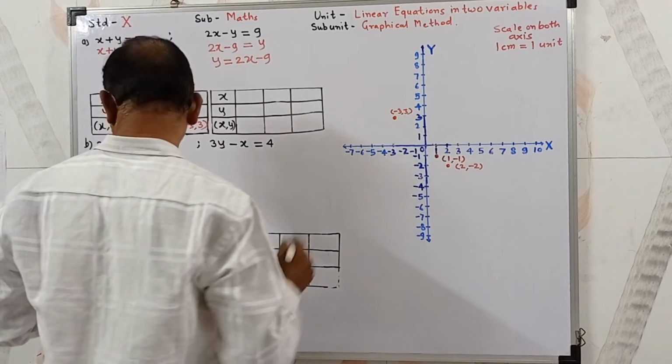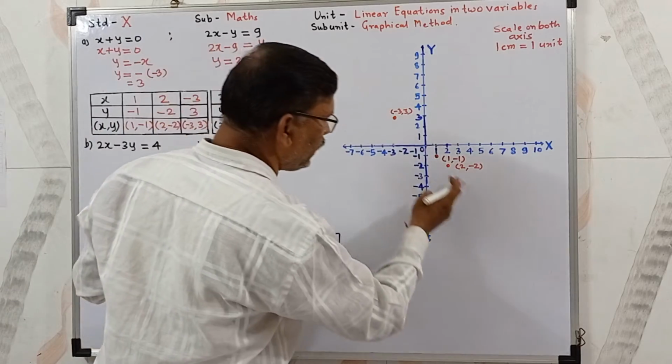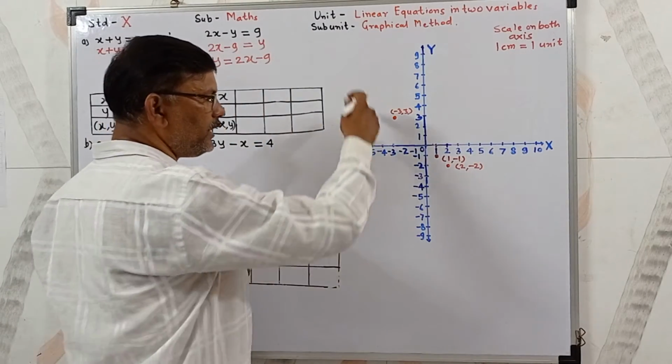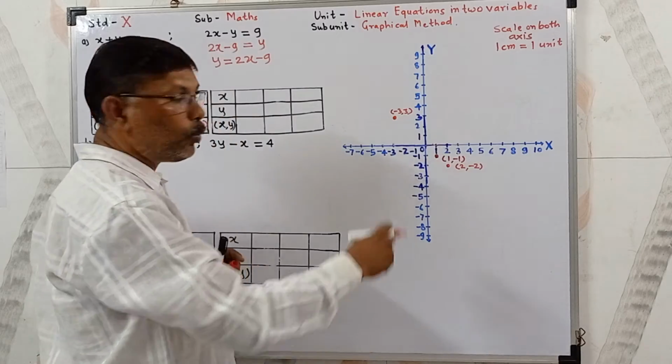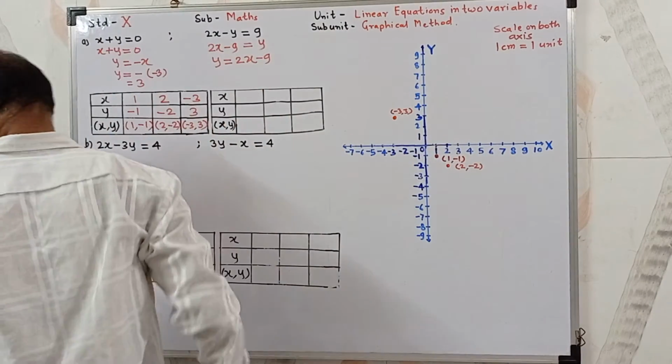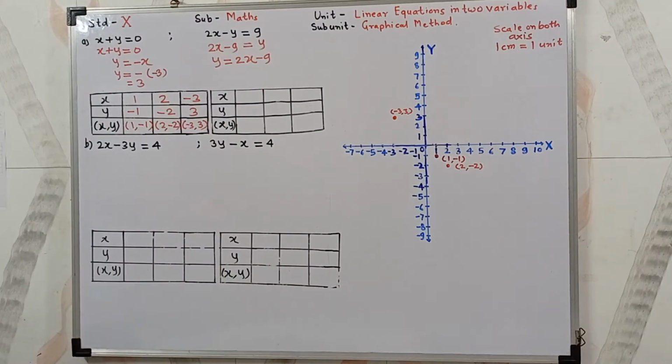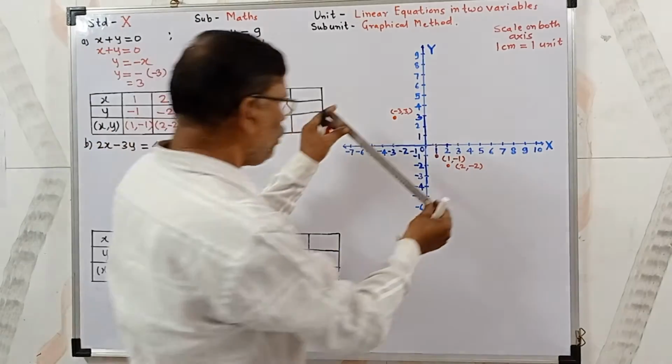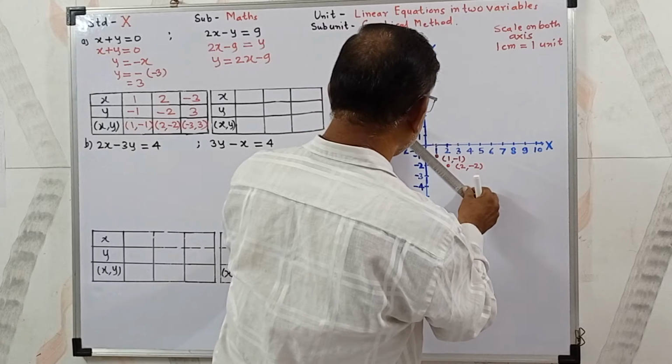Understood? Now these points are in one line. Listen here, these are in one line. So now we draw the line.